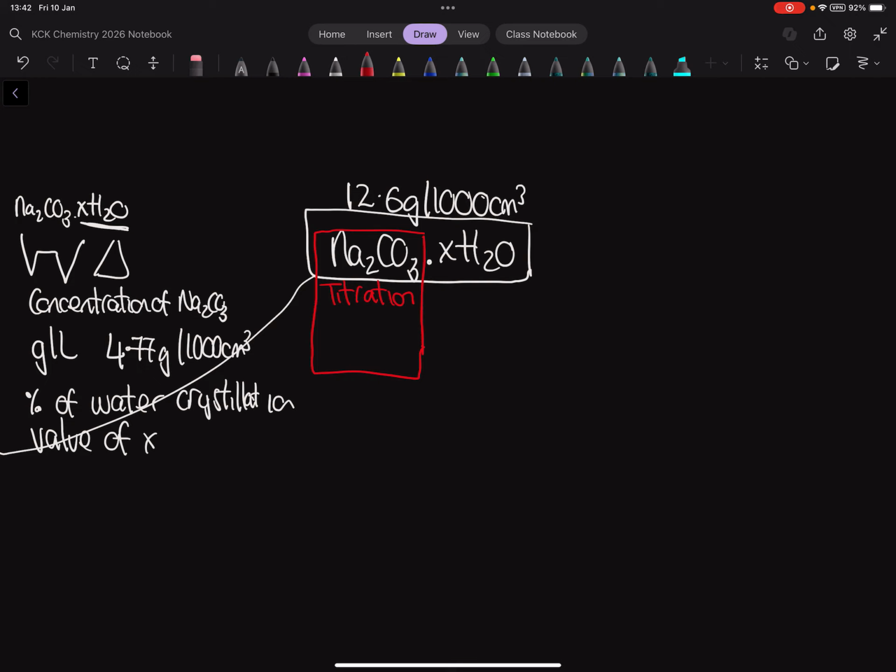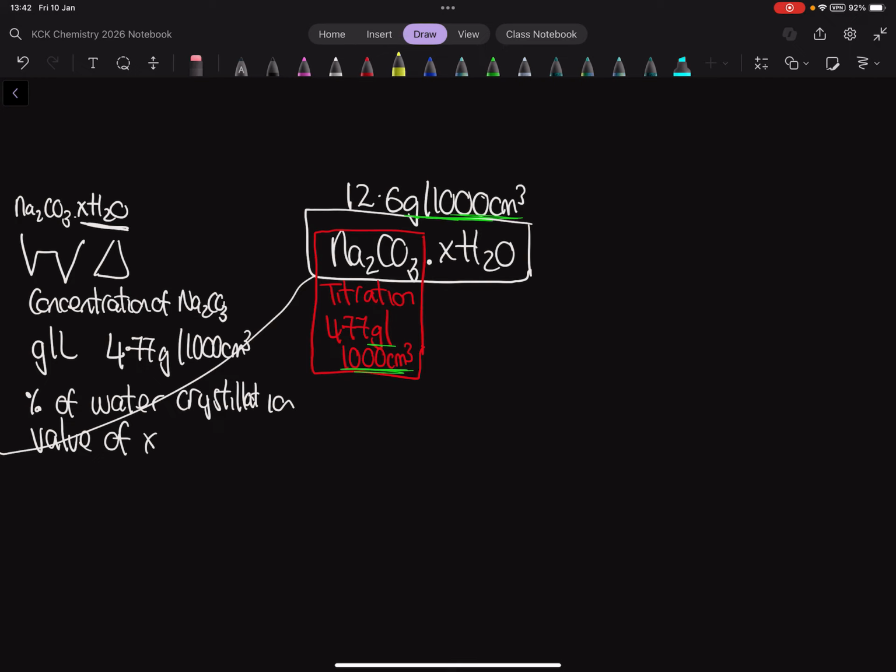When we do the titration, we're only finding the sodium carbonate, so that is going to be 4.77 grams, and again, it's in 1,000 centimetres cubed. It is really important that you make sure your units are exactly the same. If they're not comparable, it's going to screw up your maths, and you're going to know it because it won't make sense when you go further down. But if you screwed it up and you can't recognize it, you just have to go with it, and as long as you're using your incorrect number correctly, it will be fine.